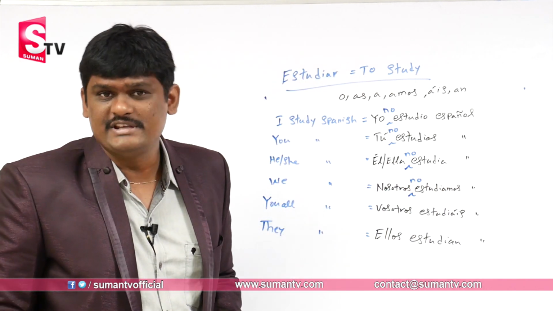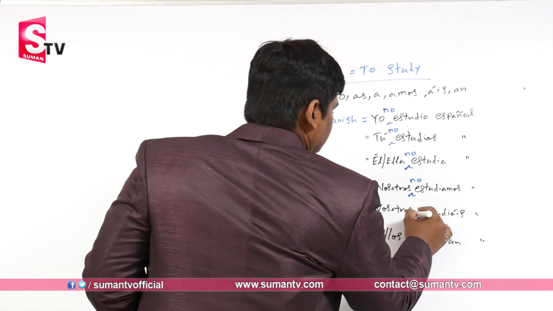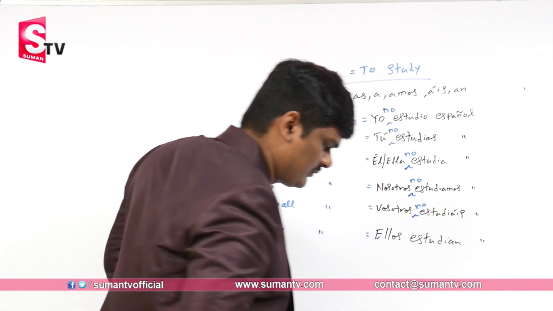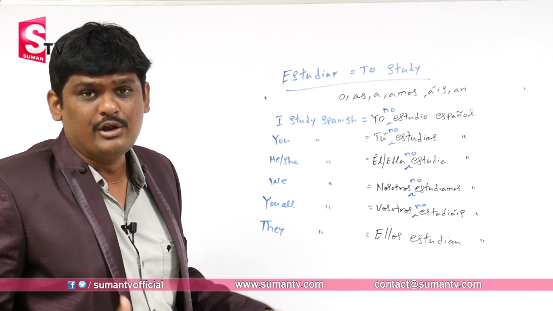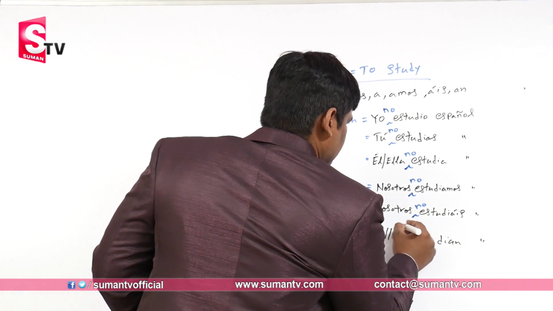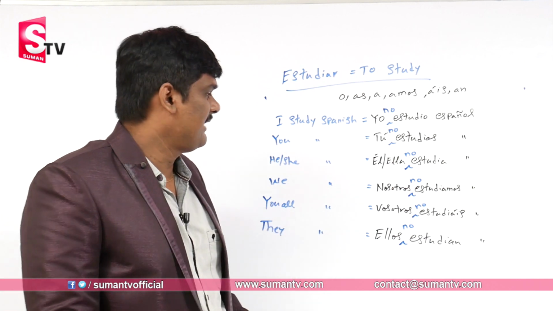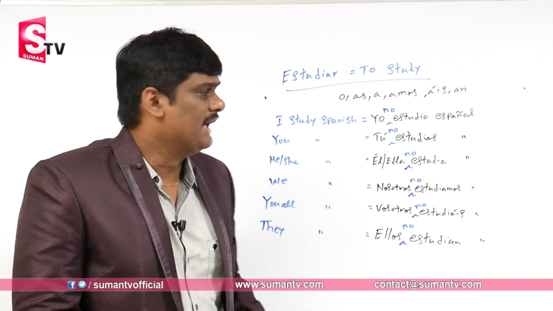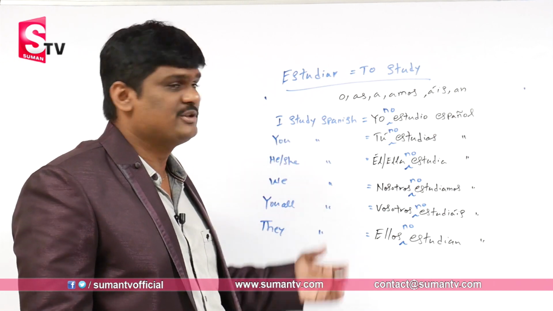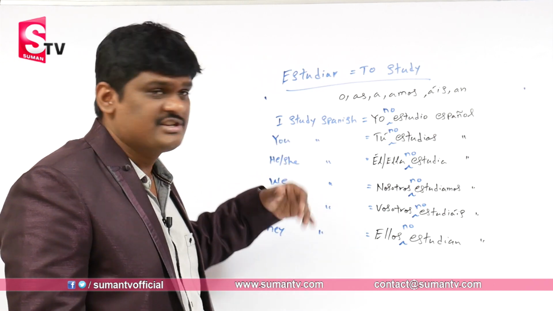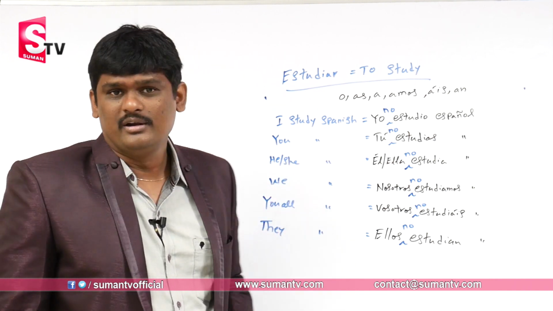Nosotros no estudiamos español. Vosotros no estudiáis español. Ellos no estudian español. So we have simply added no in front of the verb and it has become a negative statement. Like, I don't study Spanish, you don't study Spanish, he or she doesn't study, we don't study, you all don't study, they don't study.